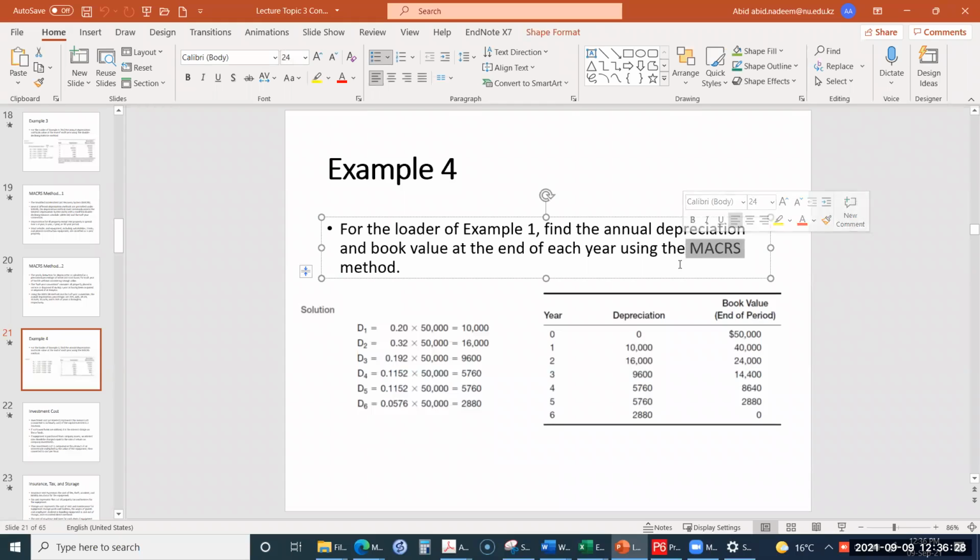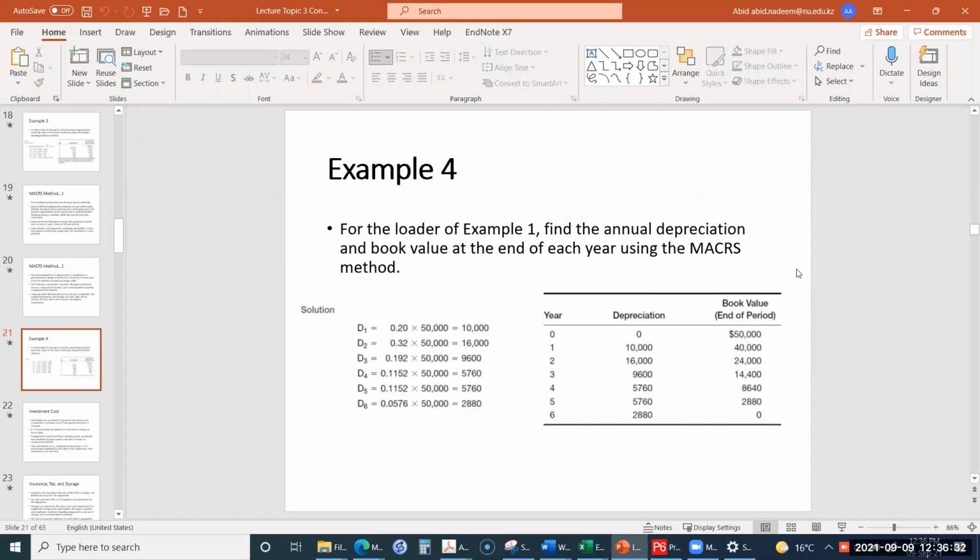So the MACRS method gives the advantage that by applying this method, there is a uniformity in the application. For example, if one contractor is using the sum of the years digit method, another contractor is using the double declining balance method, maybe there will not be a uniformity.